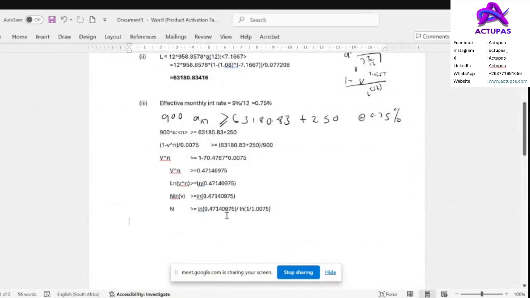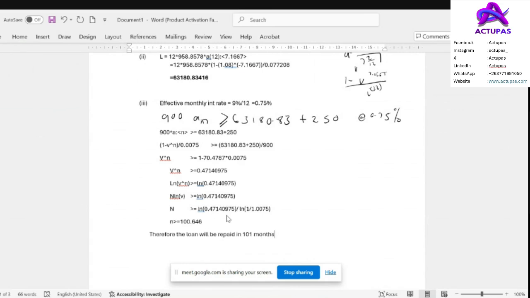So our n is greater or equal to 100.646. So it means the loan will be repaid in 101 months. So therefore the loan will be repaid in 101 months.